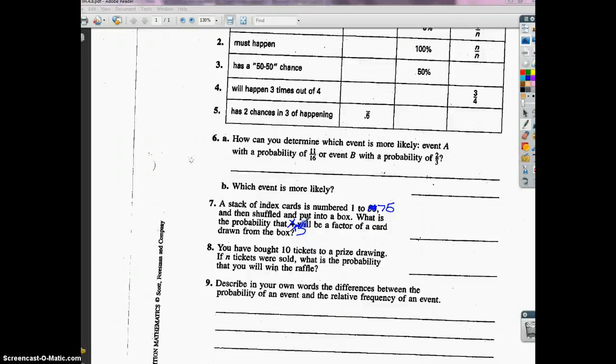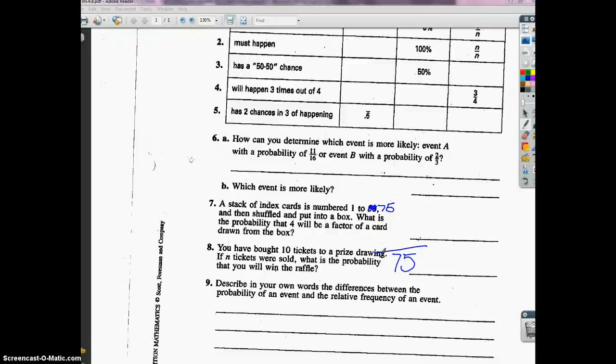Actually, I'm going to say 2. Actually, you know what? I'm going to make it a little easier and leave it as 4. All right, so here we go. 1 to 75 cards. So I have 75 cards total, right? And I need to find the factors of 4.